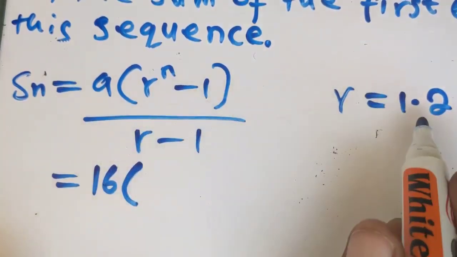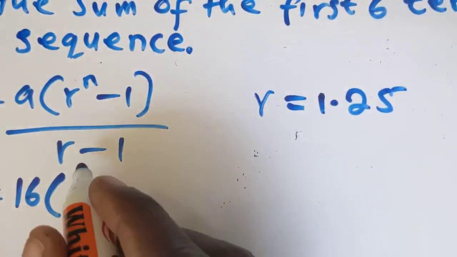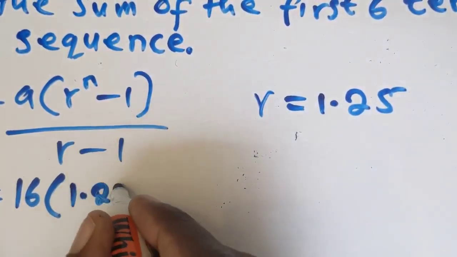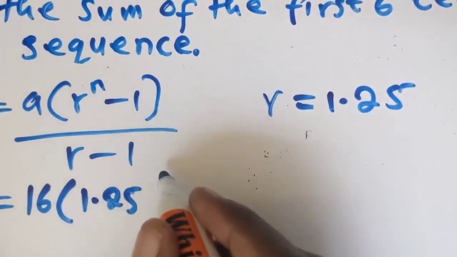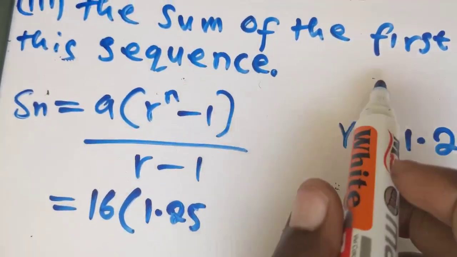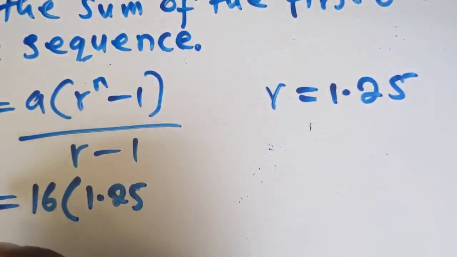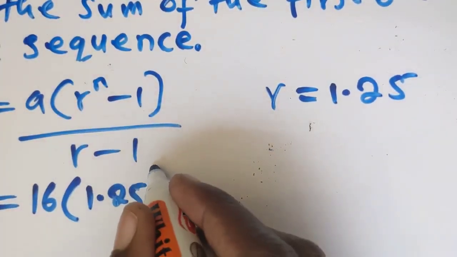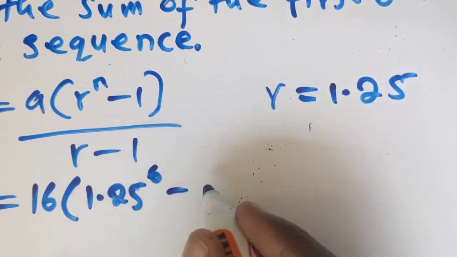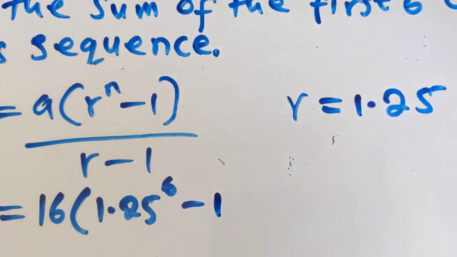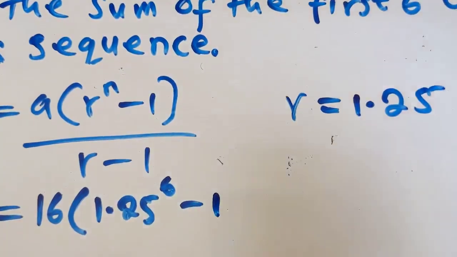multiplied by the common ratio, which is 1.25, to the power. We are looking for the sum of the first 6 terms, so we are going to put to the power 6, then minus 1.